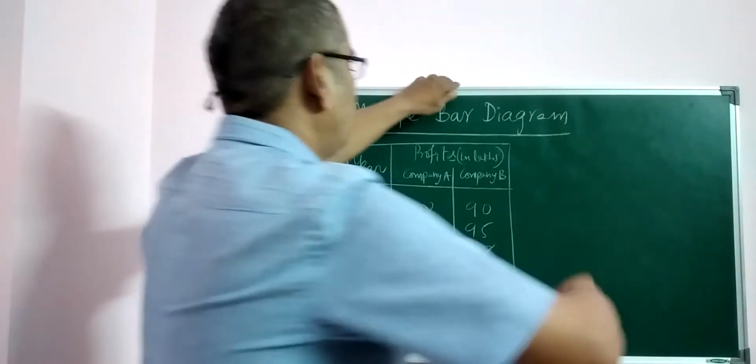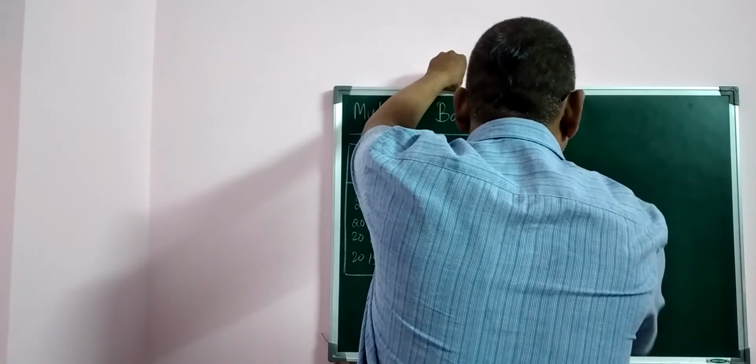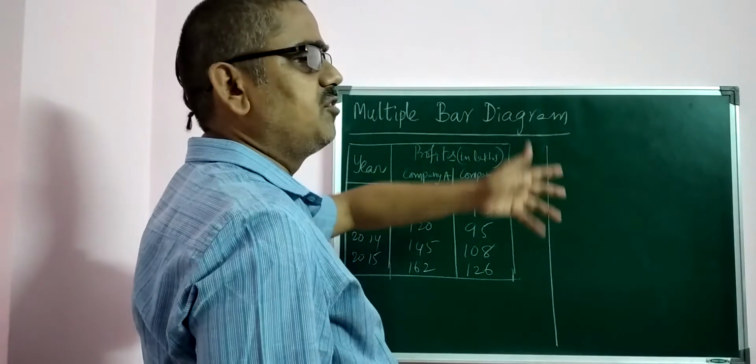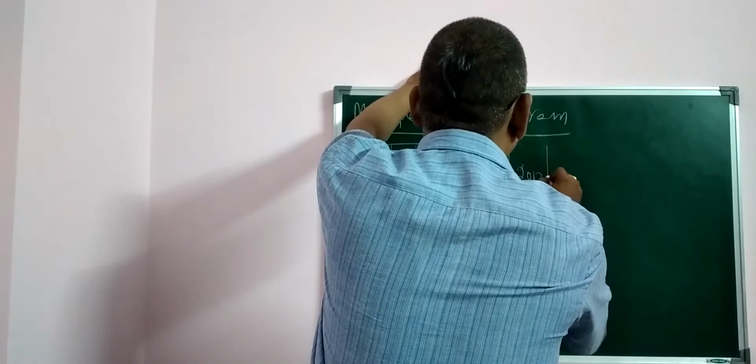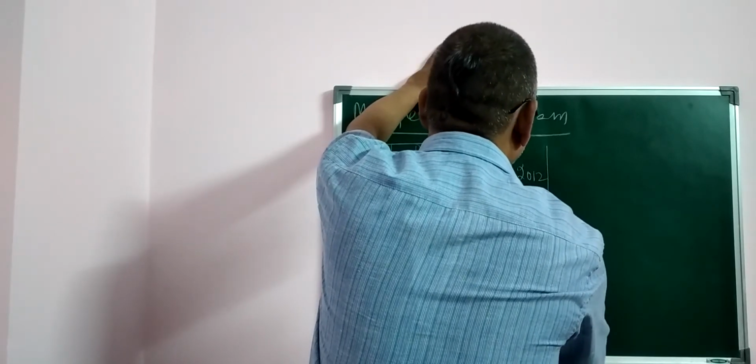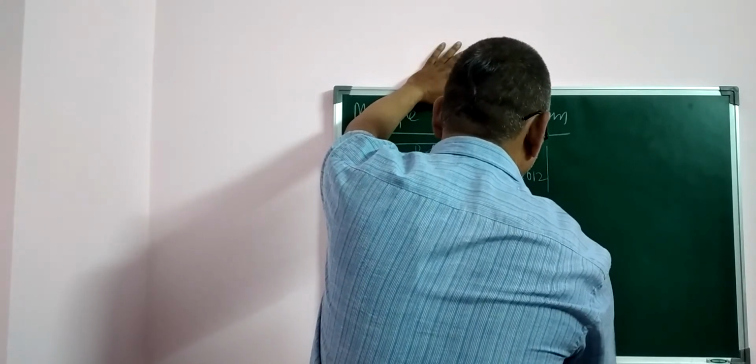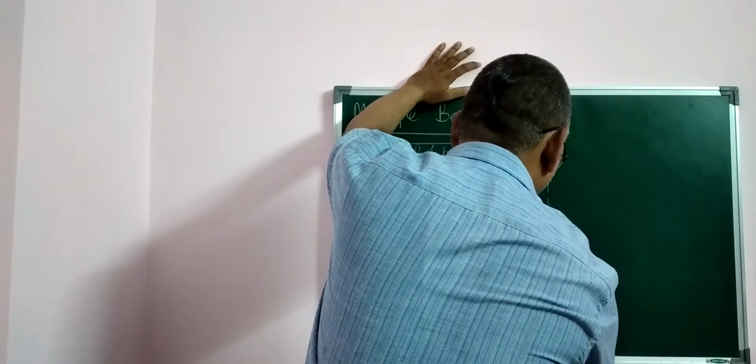Now you see the representation. This is the scale I have considered. On the y-axis, I am representing the years 2012, 2013, 2014 and then 2015.